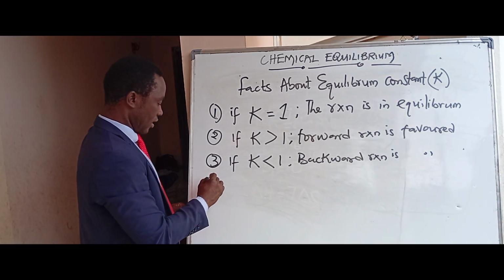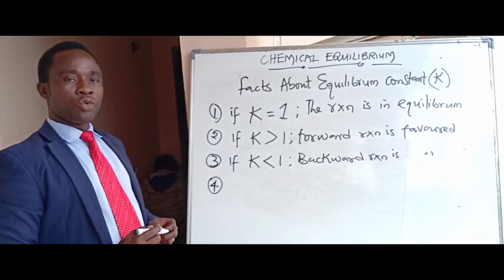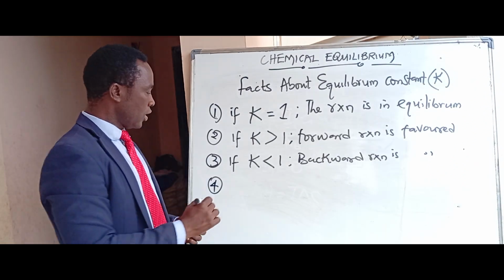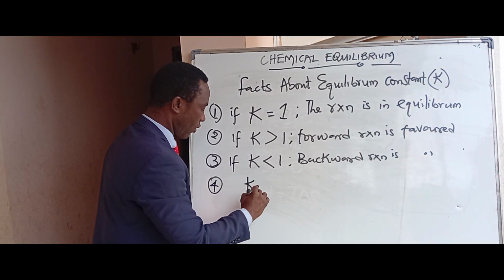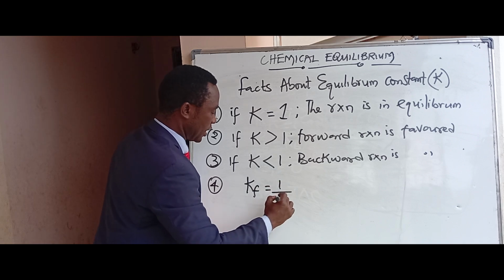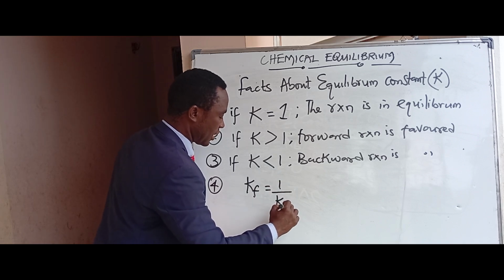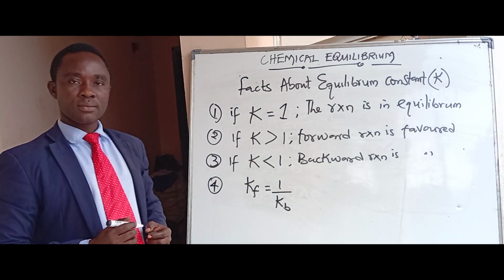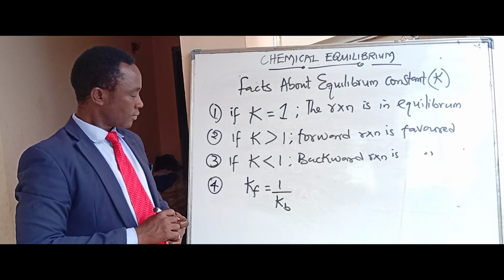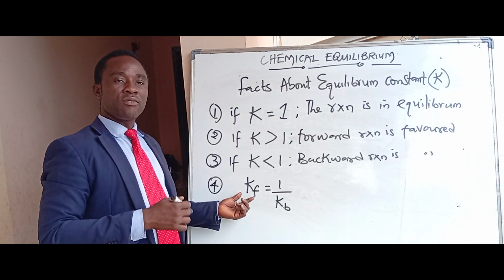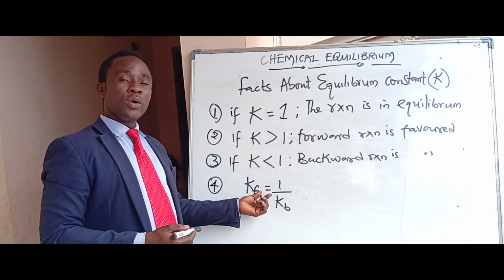Then number 4, you need to know that the equilibrium constant K of the forward reaction is the reciprocal of the equilibrium constant of the backward reaction.